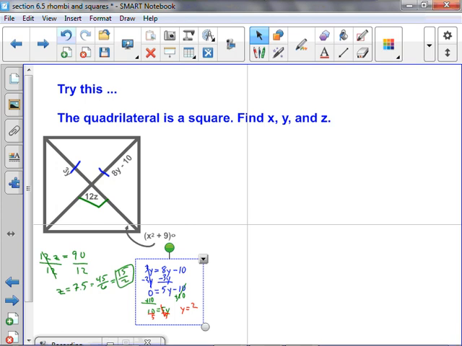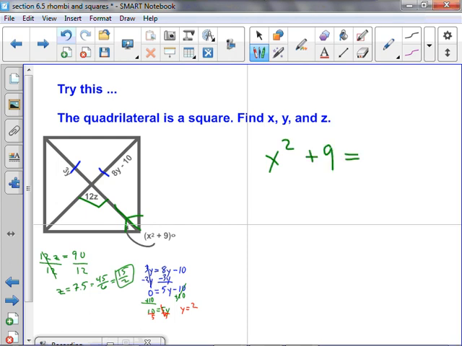Okay, and I know that this must be a 90-degree angle because I have a rectangle here. A square is a type of rectangle. And I know that the diagonal bisects it, because this is also a rhombus. So I know that x squared plus 9 must equal half of 90 degrees, divided by 2. So x squared plus 9 must equal 45 degrees.